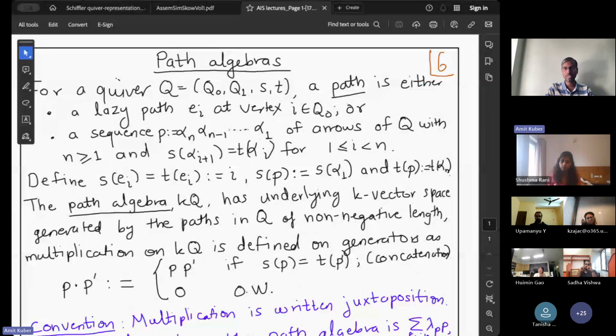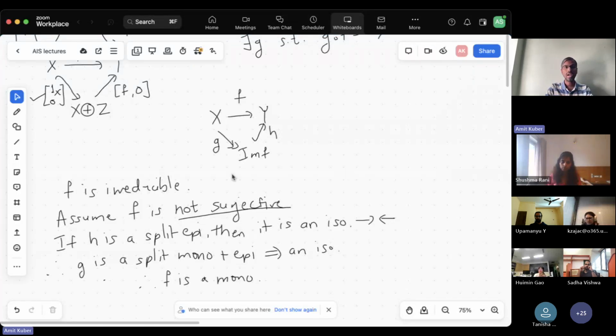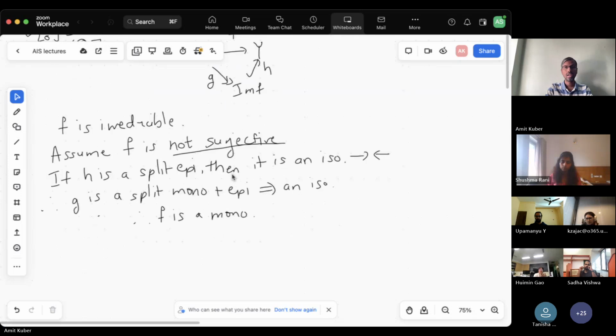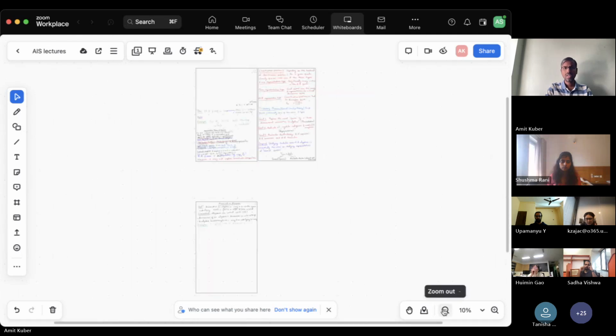So maybe I should stop sharing this particular screen and go to the other screen, where everything else is. Hopefully the page is loading, but maybe it's creating some problems.